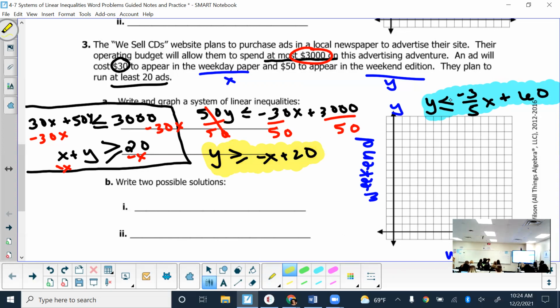So now graph these. What should we count by? Tens. So I'll start with graphing the one in blue. So put a dot where the 60 would be. And my slope is, we need to go down 3, to the right 5.